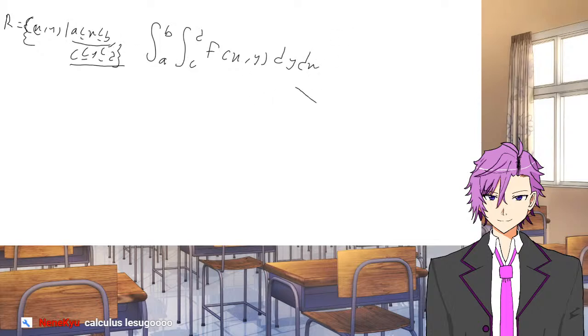So this is actually known as Fubini's theorem, which is the theorem where, from the region just now, you set up the limits inside one enclosed region, and then you set the range of x and the range of y.